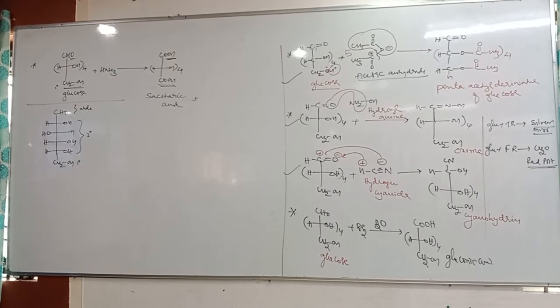This reaction shows that the carbonyl group of glucose is what? This reaction shows that the carbonyl group of glucose is aldehyde.